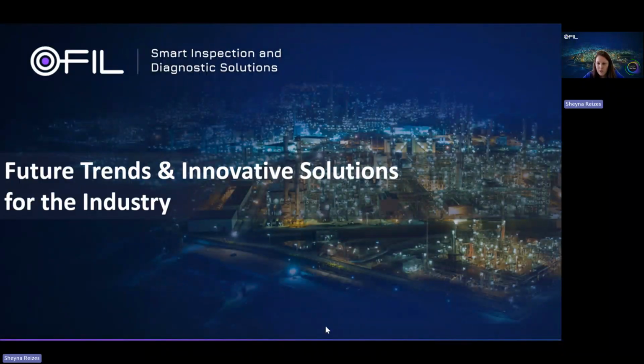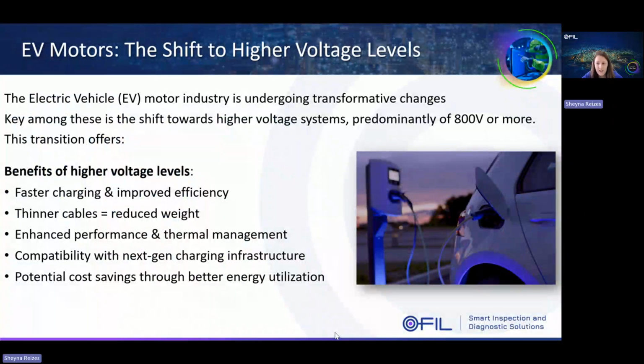Let's now take a look at where the industry is heading, both in terms of emerging challenges and innovative solutions that are shaping the future of PD detection and insulation reliability. The electric vehicle motor landscape is evolving rapidly, with a major shift towards high voltage platforms, especially 800 volts or more.